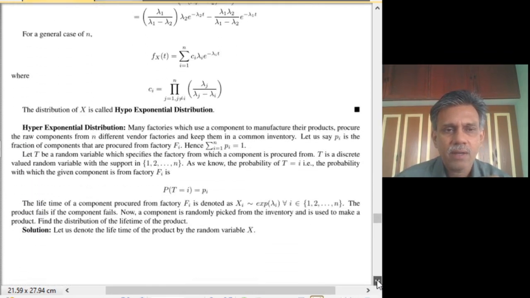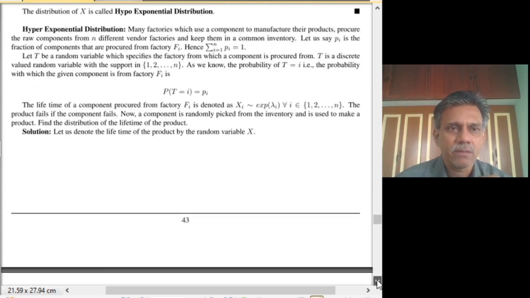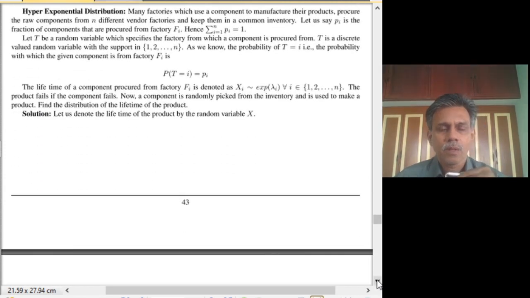Then we have another variation that we can think of. First we will motivate it using an example wherein you have a factory which sources components from different manufacturers, and all these components which come from different manufacturers are being put together in the inventory, and whenever needed you randomly pick one of the components and use it.